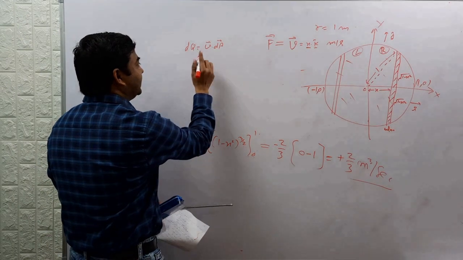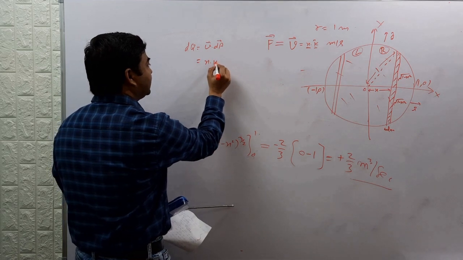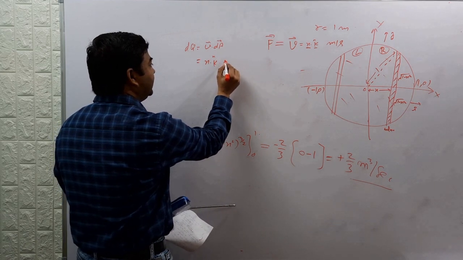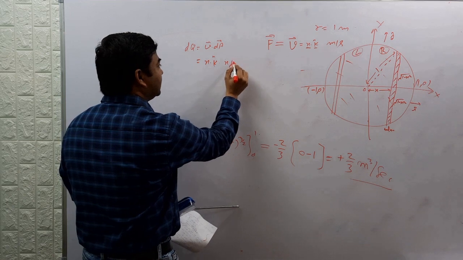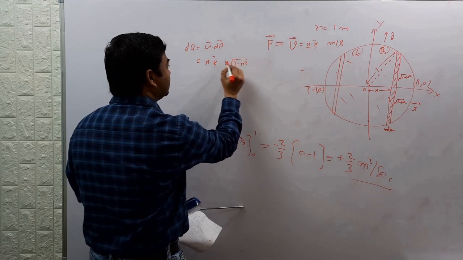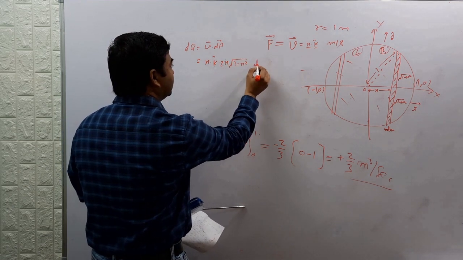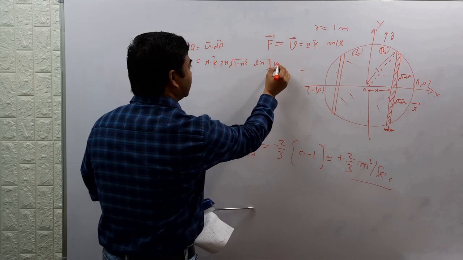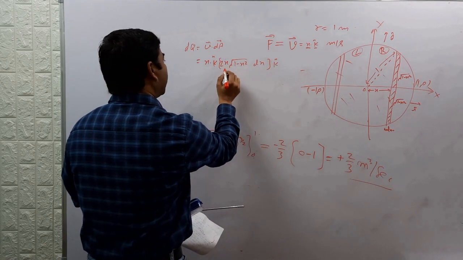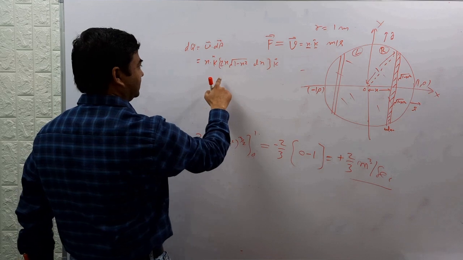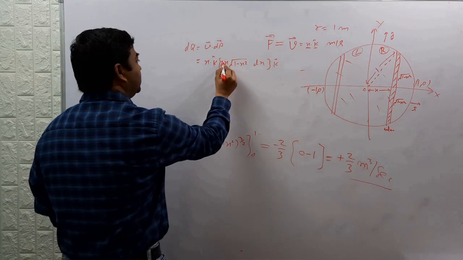V dot dA. So V is xk and dA is 2 under root 1 minus x square dx k. That is 2 into x.